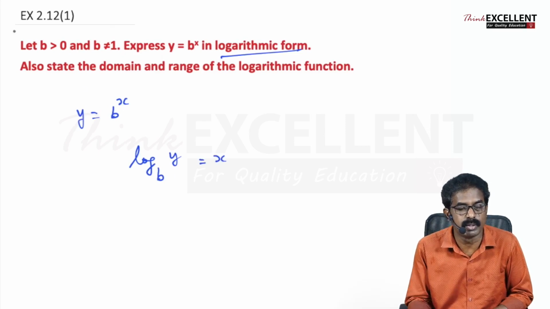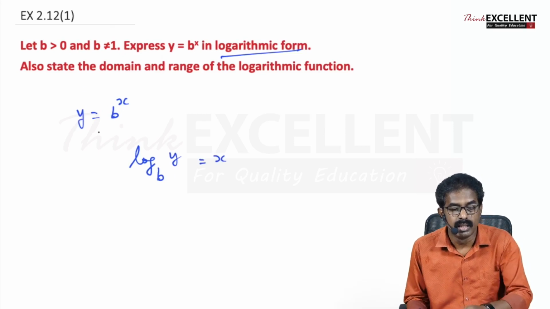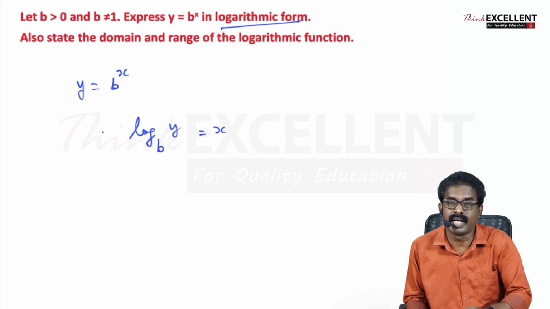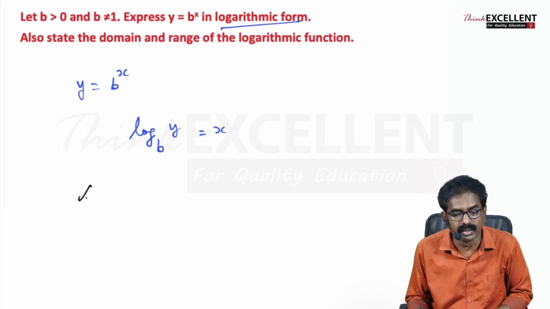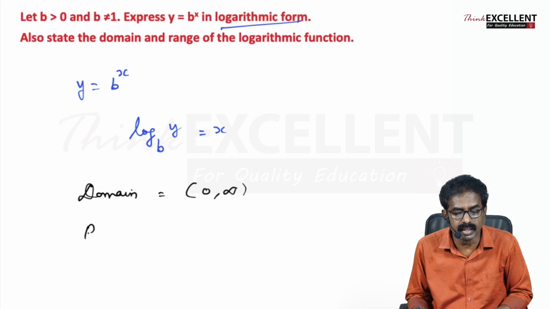That's all. So we converted the exponential form into logarithmic form. Then what else did they ask? Also state the domain and range of the logarithmic function. The domain of the logarithmic function is 0 to infinity. Then they ask the range also. The range is minus infinity to plus infinity.